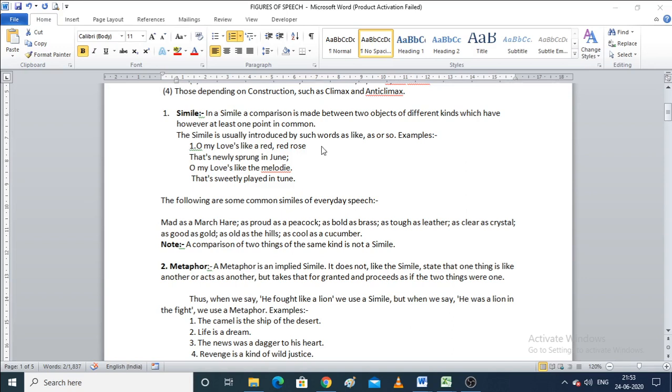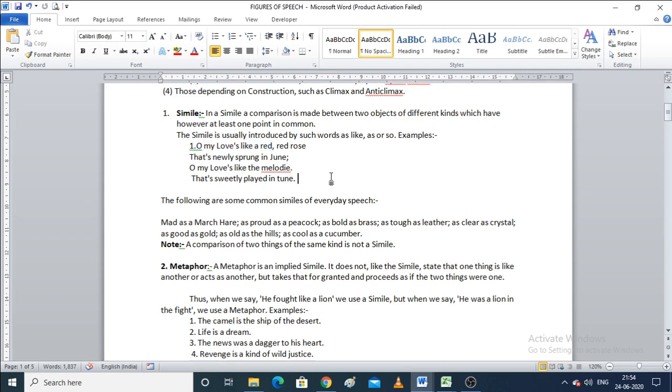So what are the 3 things? Have a look. Like, as, or so. Now, for example, oh, my love's like a red rose that's newly sprung in June. Oh, my love's like the melody that's sweetly played in tune.